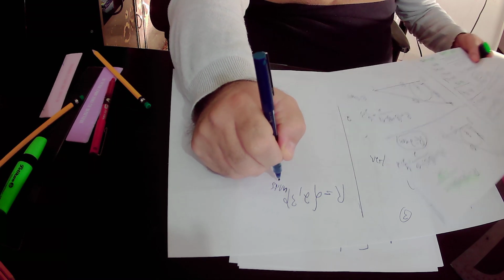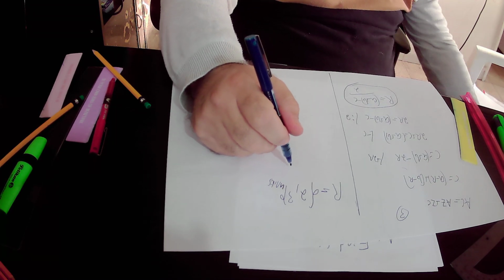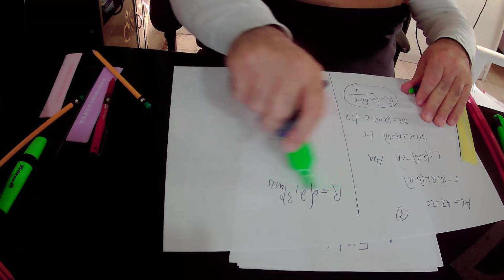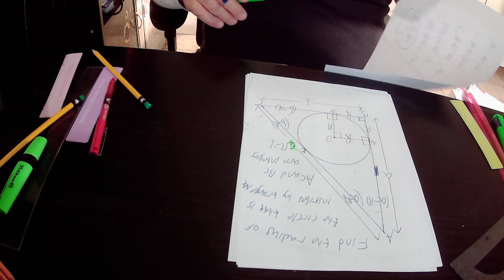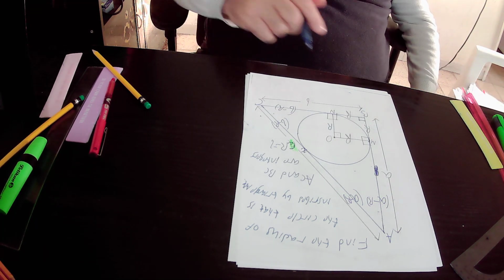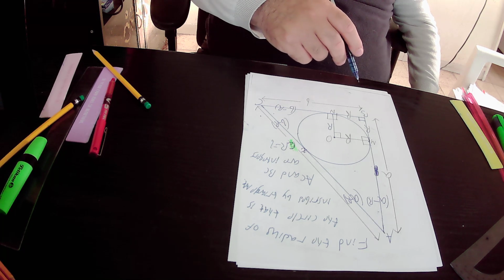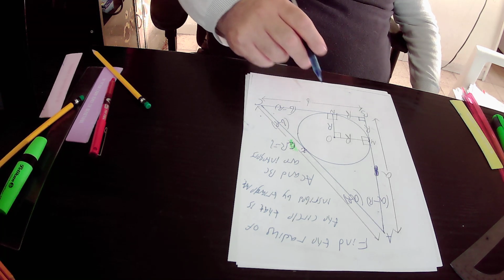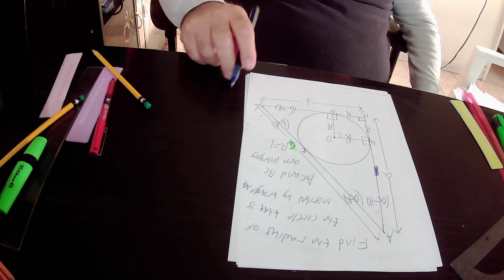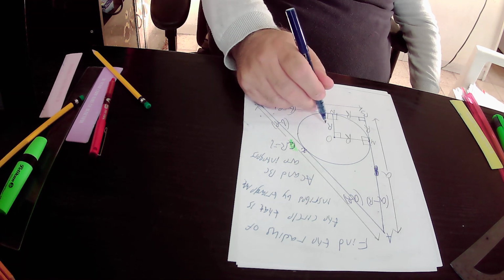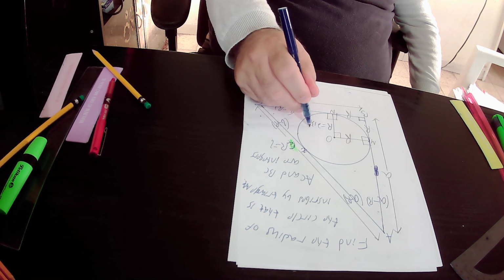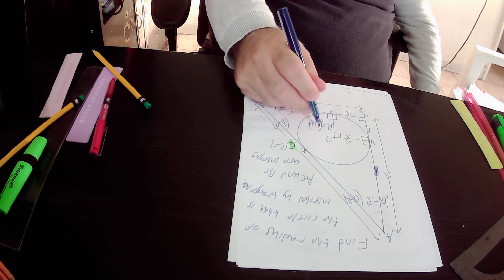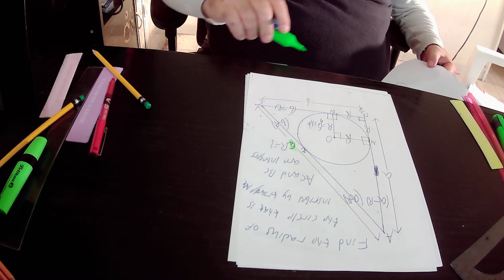The radius of this circle that is inscribed by right triangle ABC could be equal to either 2 units, or it could be equal to 3 units. Okay, so we finished with the first question.